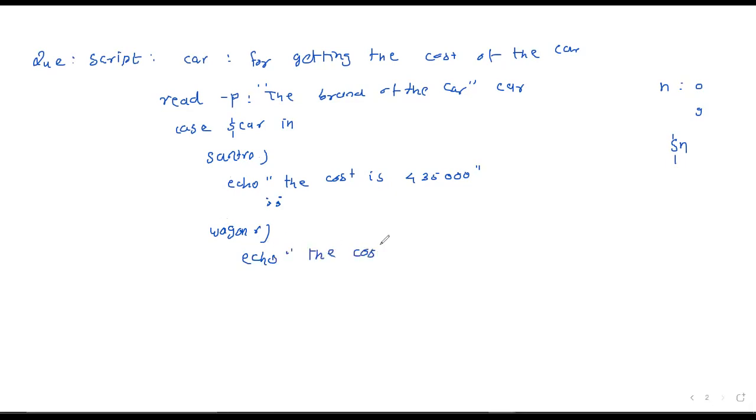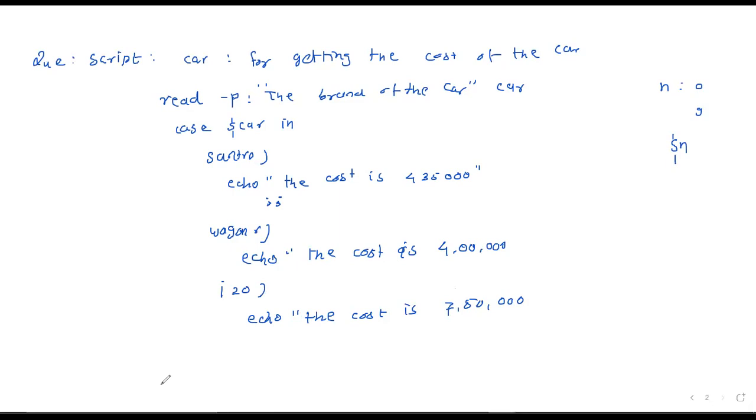What is the cost of Wagon R? 4,55,000, around 4 lakh. Then we take i20. This is my friend's car, and the cost is slightly more than 4 lakh, around 7,50,000. And we have such values.